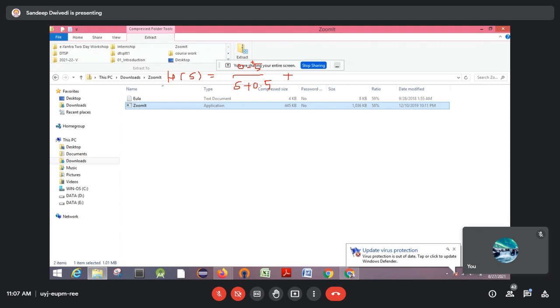Okay, then the next one, that is 0.5 s upon s square plus 0.5 s plus 2.